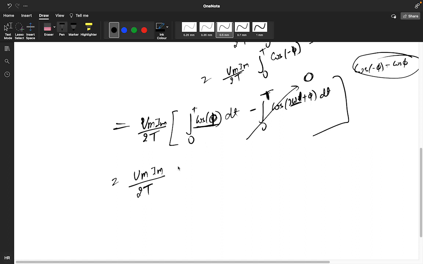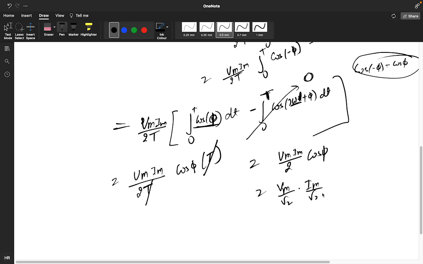This will be your cos phi, and the t will cancel out. So Vm into Im by 2 cos phi is nothing but Vm by root 2 into Im by root 2 into cos phi, that is nothing but Vrms into Irms into cos phi.